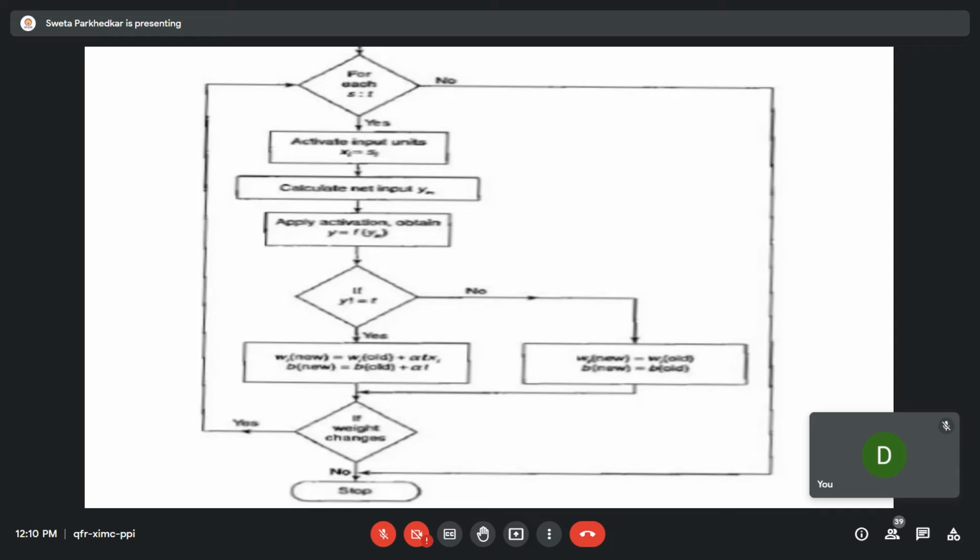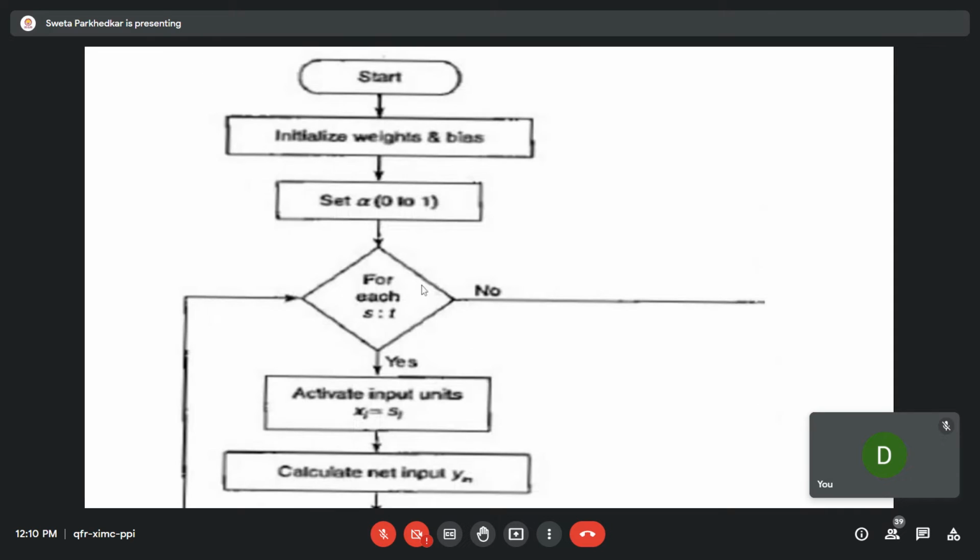First of all, step zero is what? You need to initialize the weight and the bias. Okay, so for easy calculation, we can set these to 0. We can initialize that particular weight and bias to 0, and then initialize the learning rate alpha. Alpha is between 0 and 1. So alpha is what? It is a learning rate.